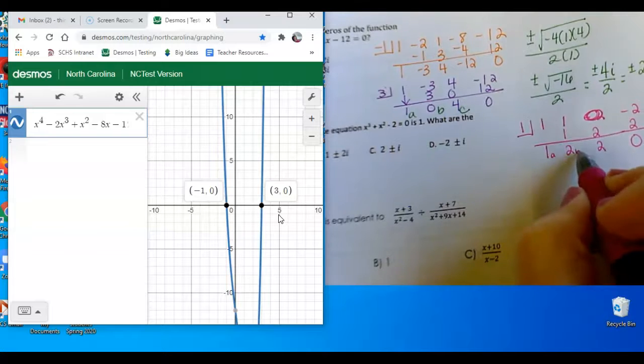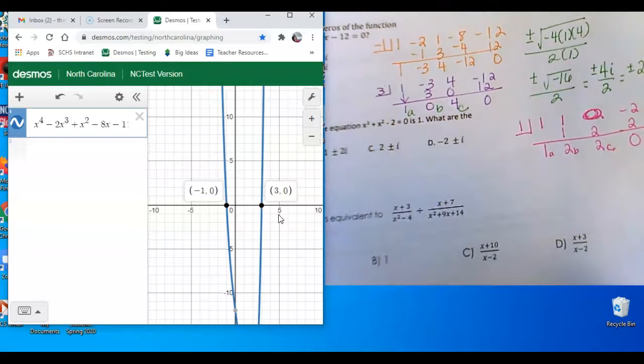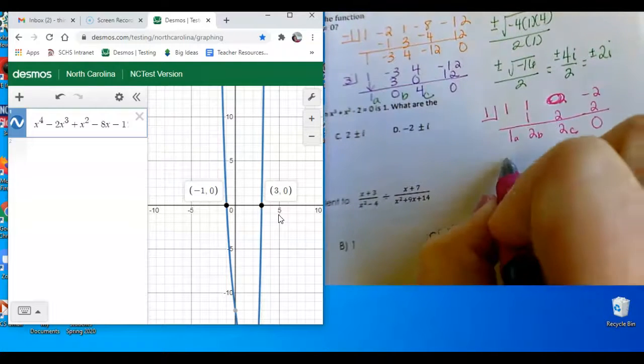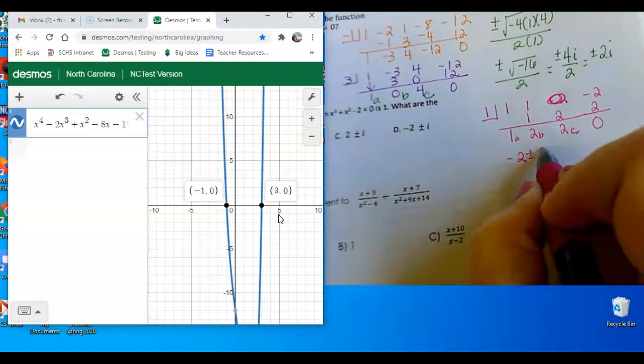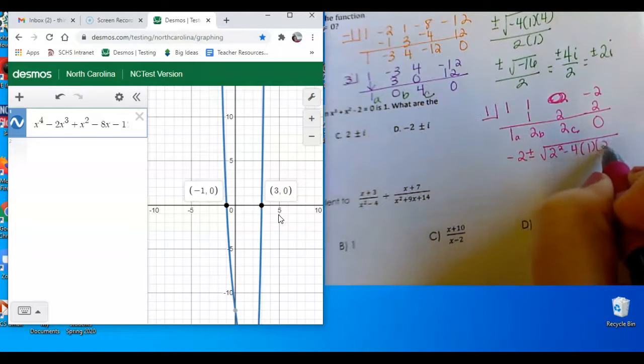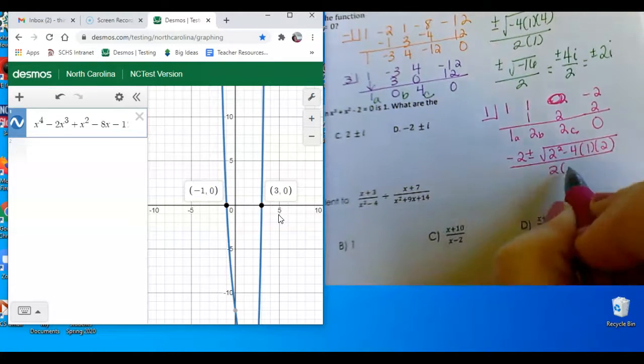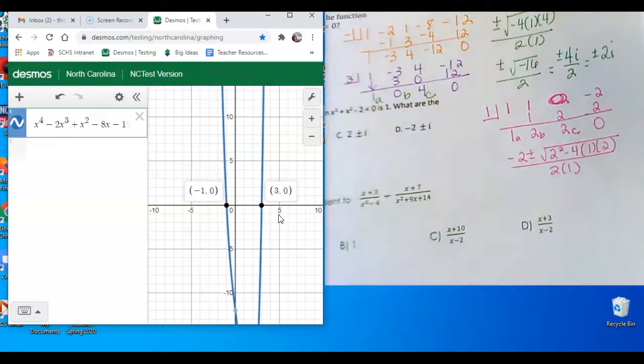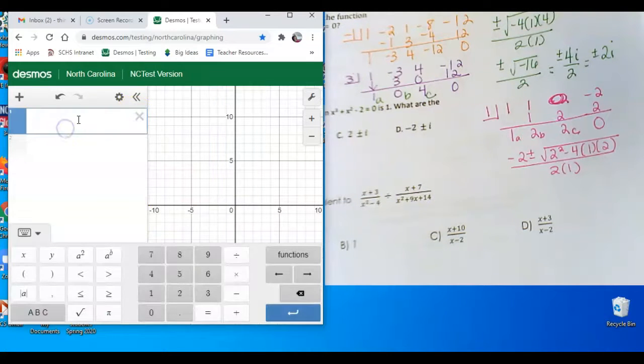Again, this is A, B, and C when we do the quadratic formula. So we'll have -b plus or minus the square root of b squared minus 4ac, over 2a. I'm going to work out the part underneath the square root. That would be 2 squared minus 4 times 1 times 2, which is -4.